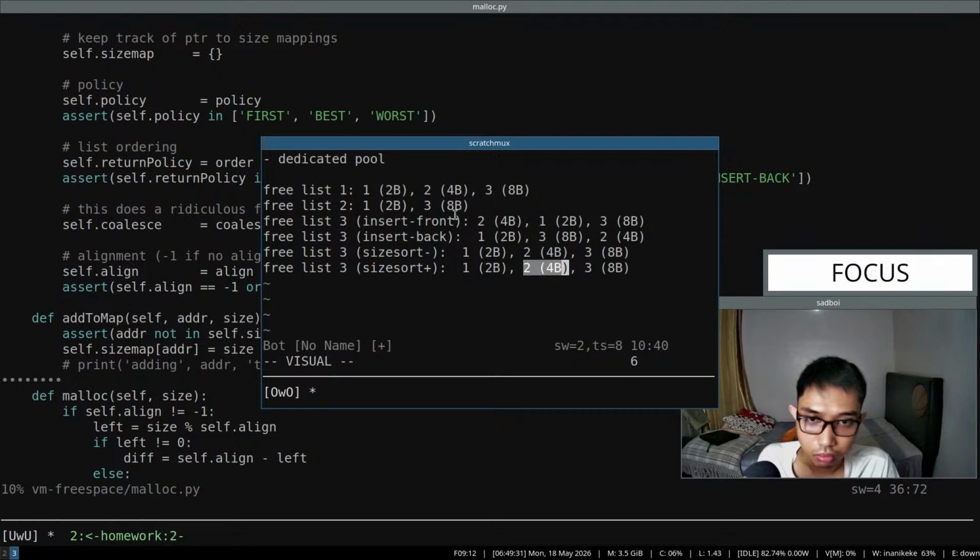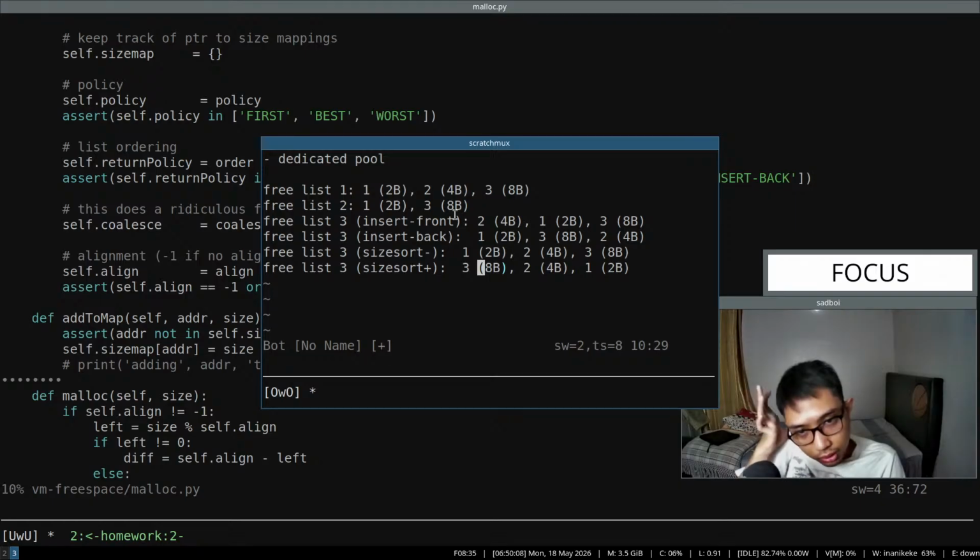I mean, do we need to change the freeing something like this, descending, you know, like from 8 byte to 4 byte to 2 byte, maybe something like that. Yeah, I'm still not sure. How are we gonna size sort here?